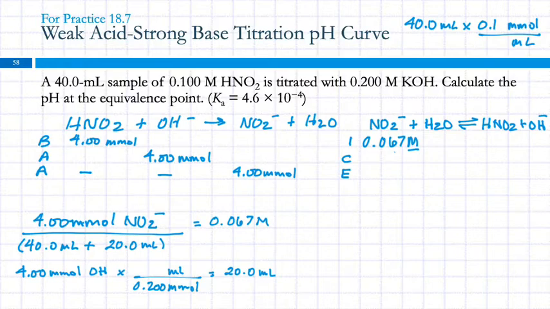Because at the equivalence point and after, for a weak acid, the solution is basic, because all the acid's been neutralized. So we're saying initially that this is 0 and this is essentially 0. And so a little bit of this will dissociate or react with the water to form a little bit of this and a little bit of this.